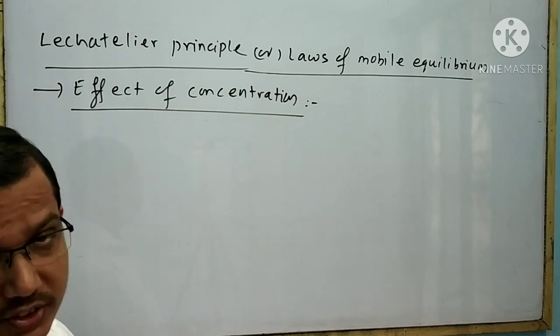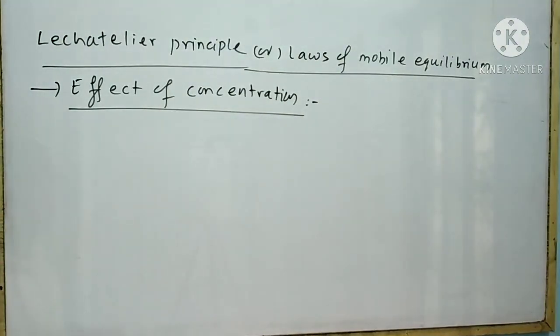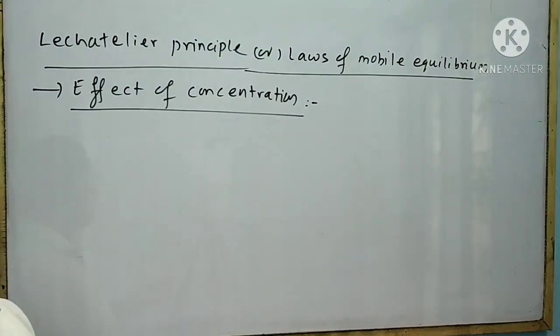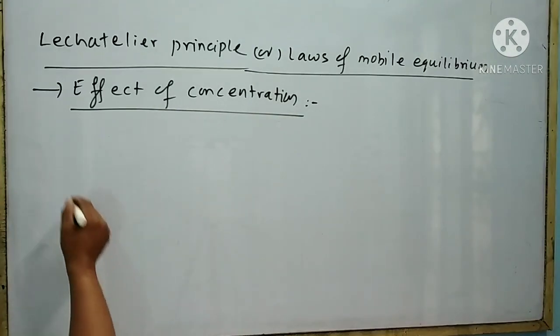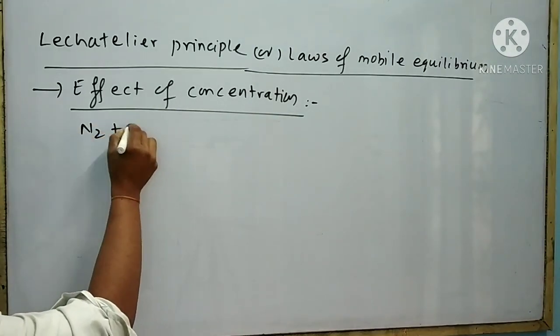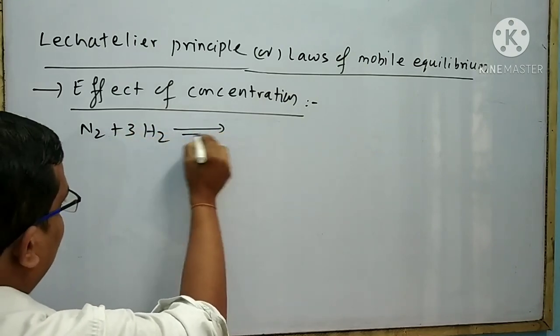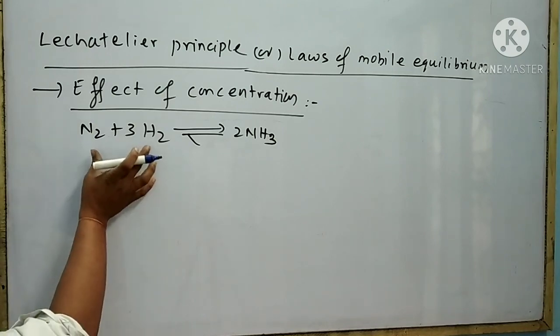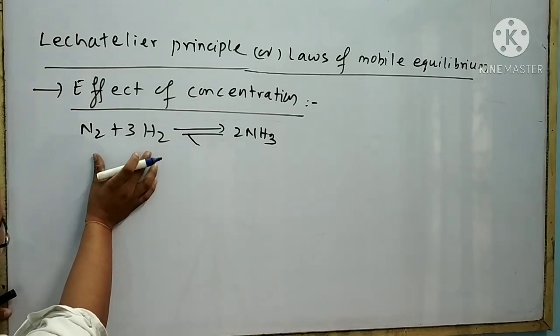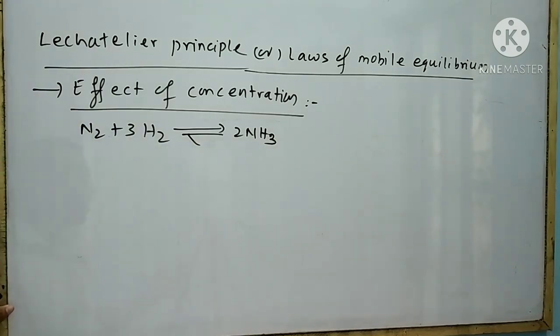According to this principle, an increase in concentration of the reactant shifts the equilibrium in the forward direction. Take an example, N2 plus 3H2 gives 2NH3. If I increase the concentration of the reactant, obviously more amount of product is formed. That means the reaction proceeds in the forward direction.